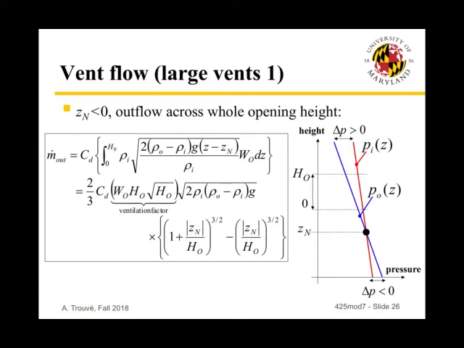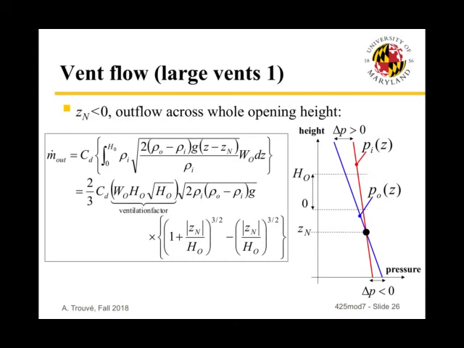You can see this through the first expression of m dot out. So we are basically performing a simple integration versus elevation. I'm not giving here the details of the integration, but this can be integrated by hand fairly easily, and you have the result. The result is a complex expression, but again depends on rho I, the mass density of the smoke, so basically depends on the temperature of the smoke, and also depends on Z neutral, the neutral plane elevation.